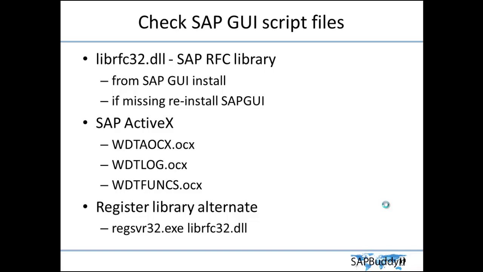So while we are installing SAP GUI, there are many files that will be copied to your Windows local system. We are going to see some of the files which are required to establish this interface between SAP and Microsoft Excel.